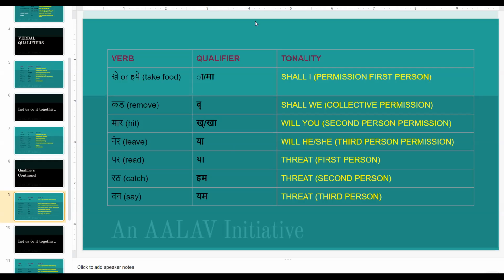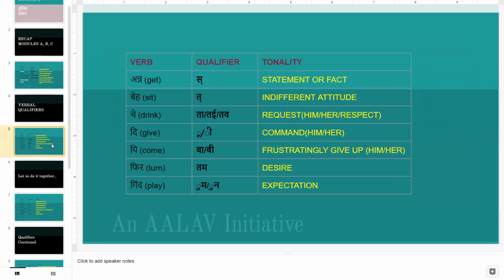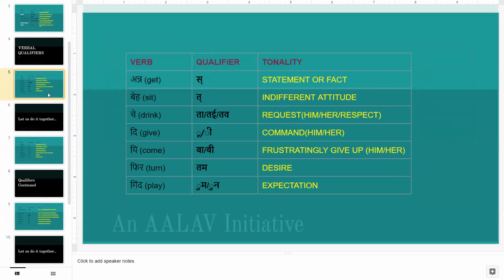Muskan's question is, which slide of qualifiers should we use to make sentences? I would prefer you go with the first slide, the one that we showed, this one. Sorry, not this one, this one. This is a little easier one. Either this one or this one, because they are the same. So slide number 5 and slide number 7.